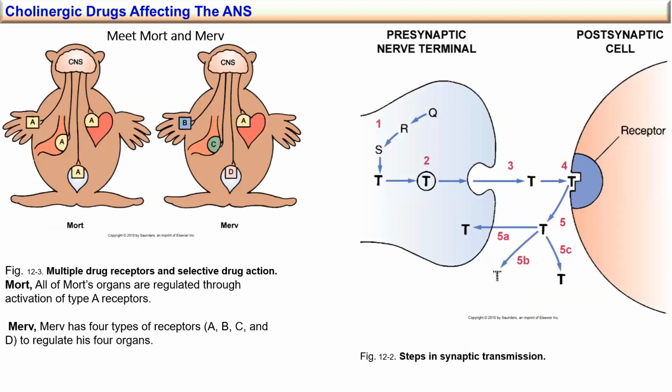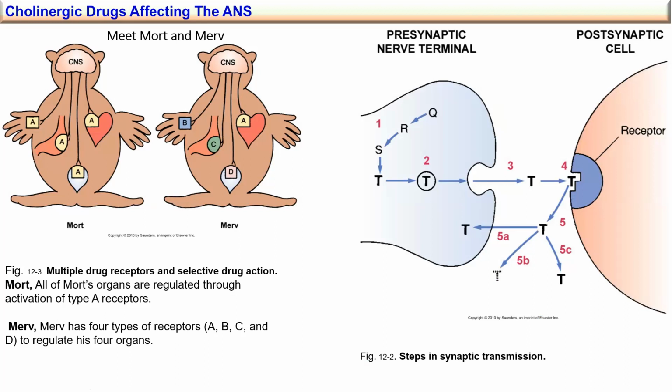So the next slide is about multiple drug receptors and selective drug action. Here in figure A, all of Mort's organs are regulated through activation of type A receptors, all the same receptor.